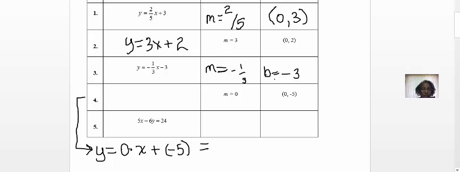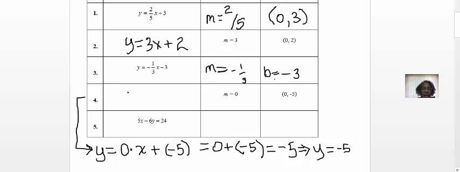But remember, 0 times any number, no matter what x is, is always 0. So this is 0 plus -5. But 0 plus -5 is just -5. So our equation is y equals -5.